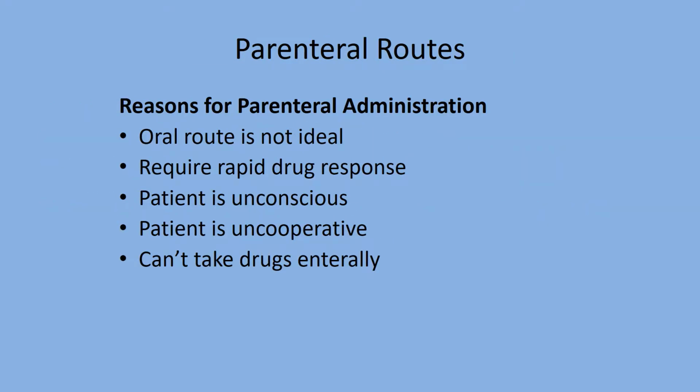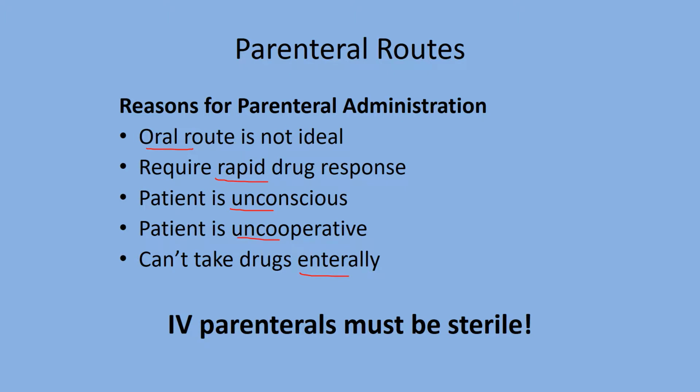All right, parenteral routes. If you can't do PO, if you have to do it fast, if the patient's out or a child is uncooperative, or doesn't have a GI tract, then you've got to try something else. So you've got to go outside of the GI system, outside of the intestine. For IVs, make sure that they are sterile.